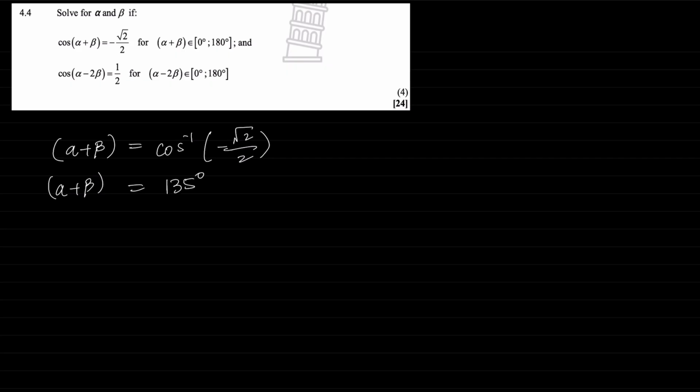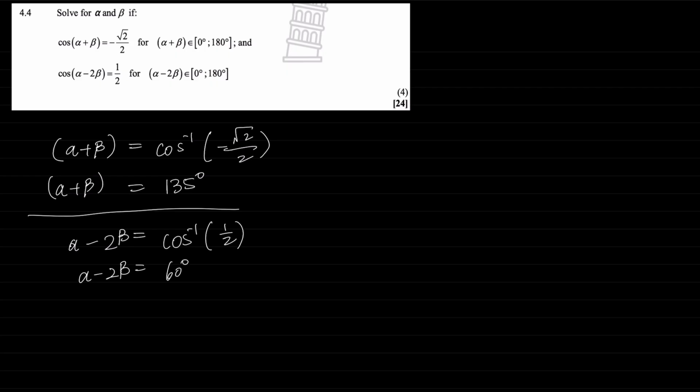Next, we'll repeat for the other one. We'll say alpha, let's write it properly. So it's alpha minus 2 beta is equal to shift cos a half. That means alpha minus 2 beta is equal to 60 degrees. Now we can solve.